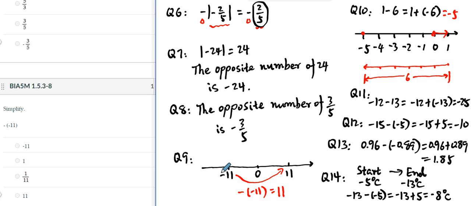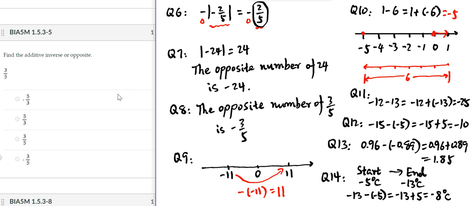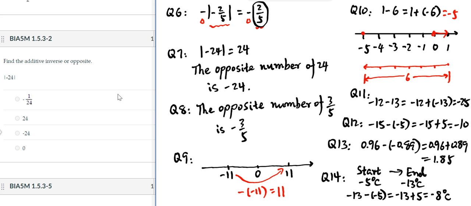Negative 11, you put negative in front of negative 11 means to find the opposite number, which is positive 11. So negative works in this way for the round brackets, not for the absolute value. We wanted to point out the difference.